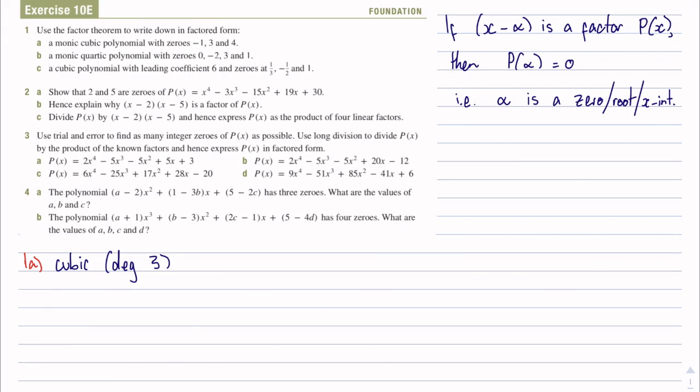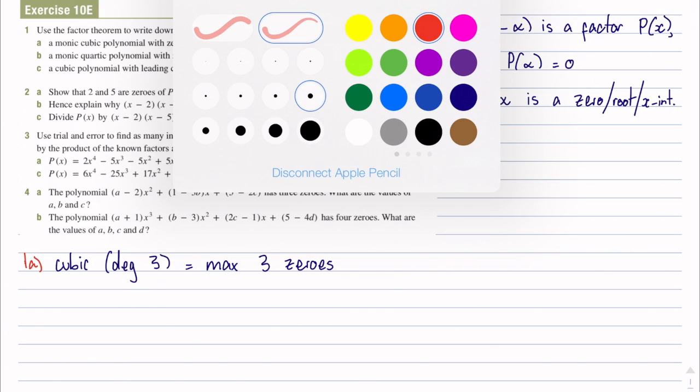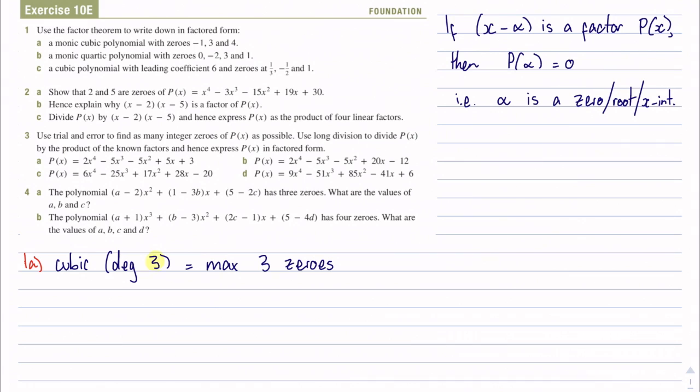If it's of degree 3, it has at max 3 zeros. So the number of zeros, like we learned in last lesson, the maximum number of zeros you can have is the same as the degree. Now you can have repeated zeros, so technically you might have 2 zeros.